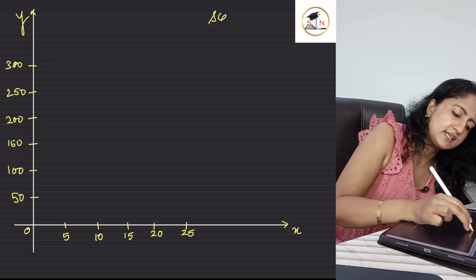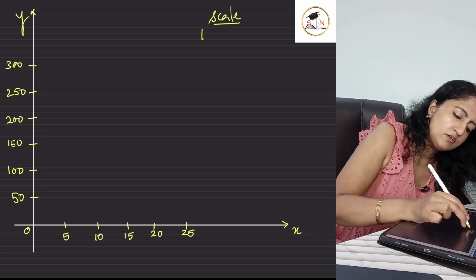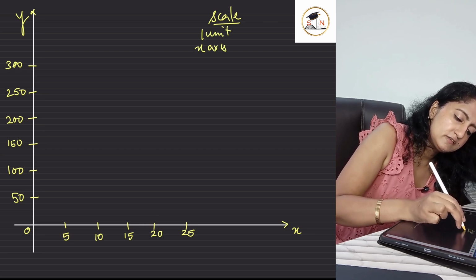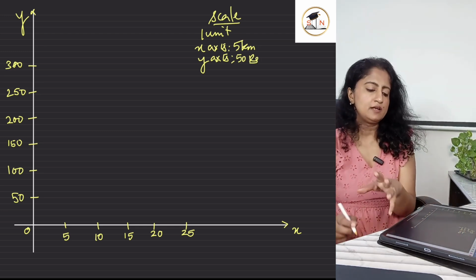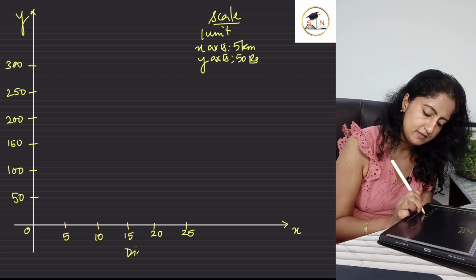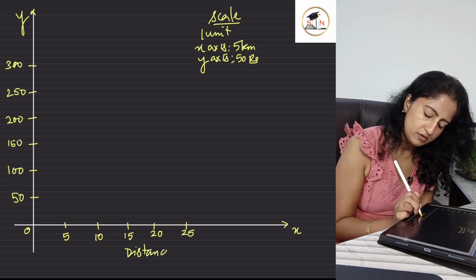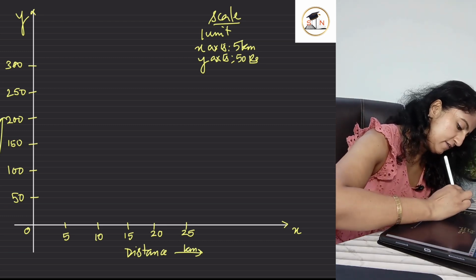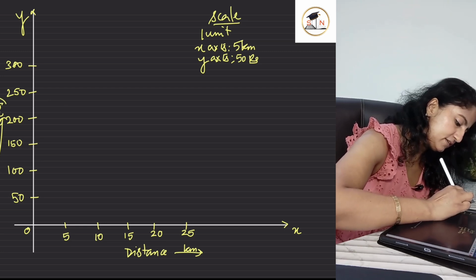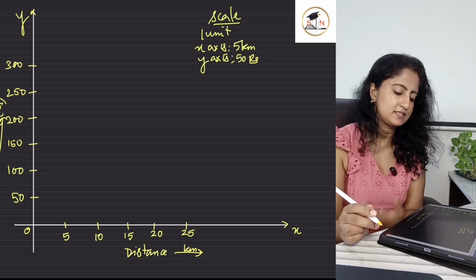Okay, so let's write the scale over here. 1 unit on the x axis is 5 kilometers and on the y axis 50 rupees. Okay, note what is at the bottom, it is distance, you can write it down. Okay, distance in kilometers. And here it is a fare in rupees, right? Okay, now let's start plotting.